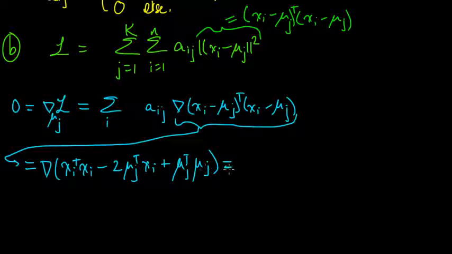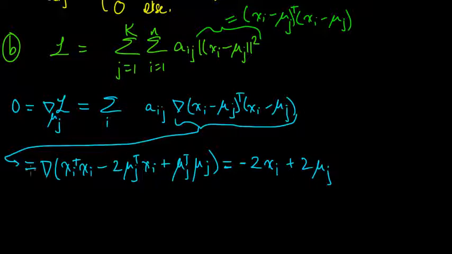Using a little bit of vector calculus, this is minus 2 x_i. You can write out the definition of the gradient and verify that if you want. And this is 2 mu_j. You can check those if you aren't familiar with those little rules for vector calculus. And so we can plug that in above.